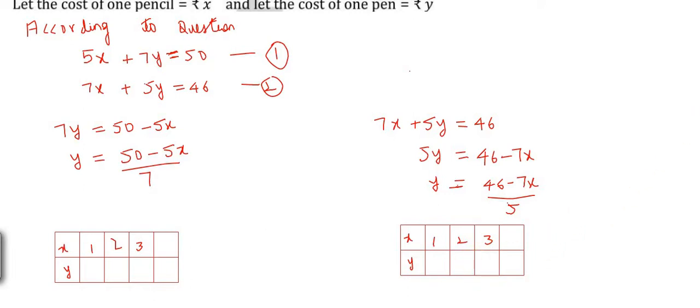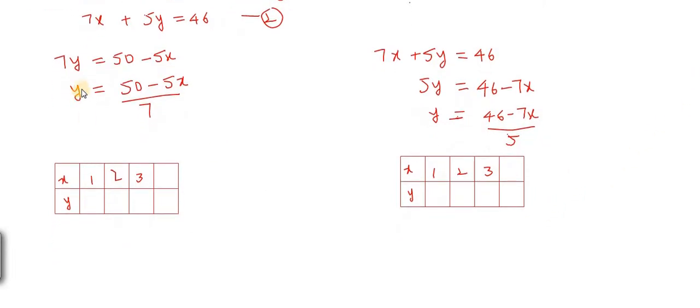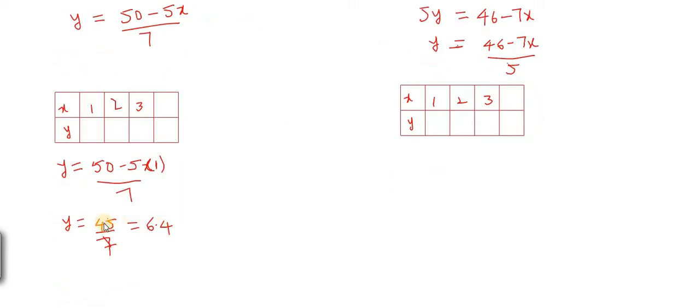Now if x is equal to 1, what about the y value we need to find? Substituting x equal to 1, y is equal to 45 by 7. If we divide 45 by 7, we get 6.4.